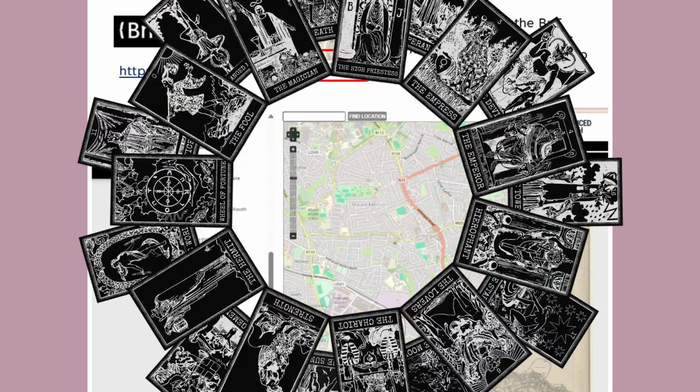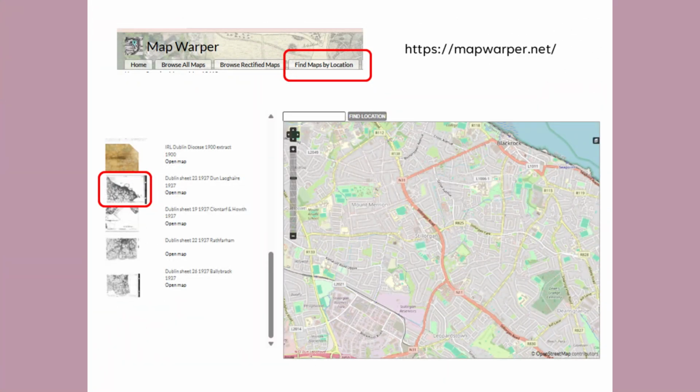Well, for Dublin, the last 6-inch scale map produced by the Ordnance Survey was in the 1930s. So to find an online copy of this map, you can go to the Map Warper website.